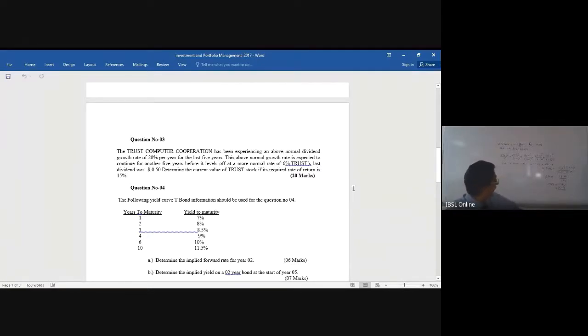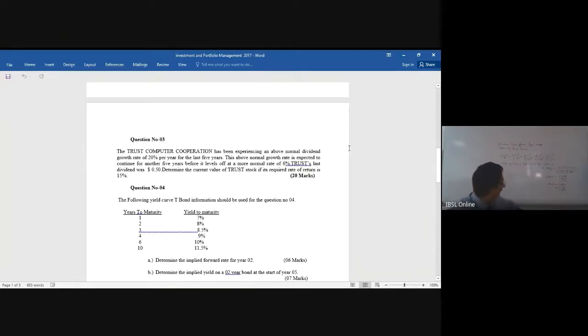Then at the end of the 5th year, you assume that the stock is sold. When it is sold, the price can be calculated using the one-stage model, where the growth rate becomes 6%. The formula is P is equal to D0 into 1 plus g divided by k minus g.